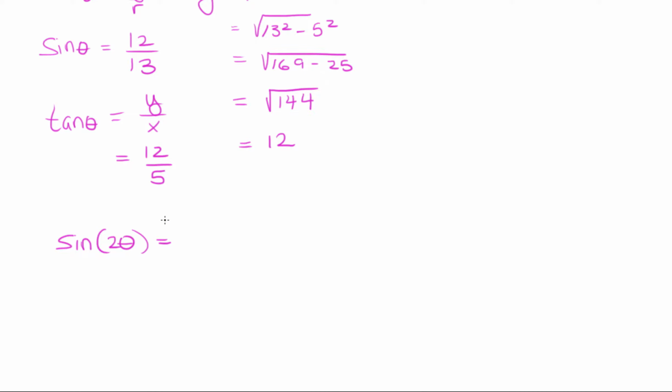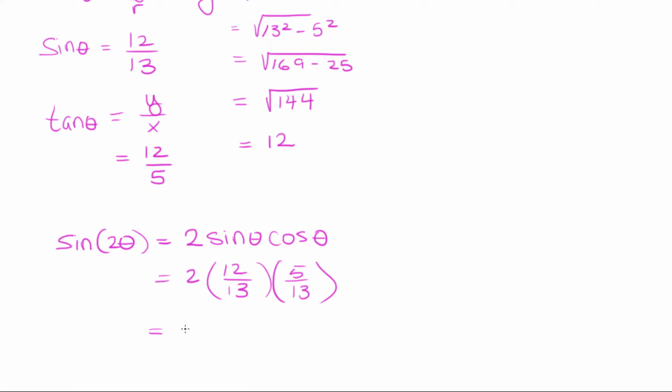Sine of 2 theta is equal to 2 times sine of theta cosine of theta, which is equal to 2 times sine of theta, which is 12 over 13, times cosine, which is 5 over 13.